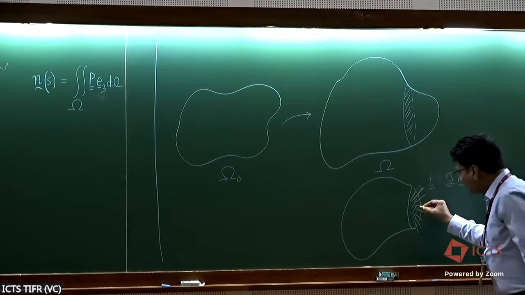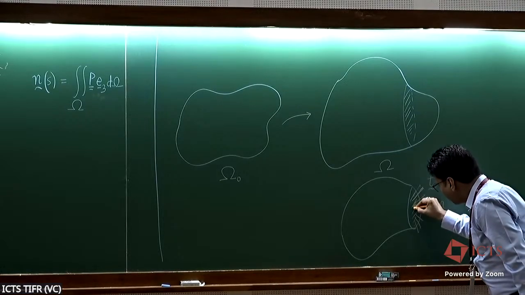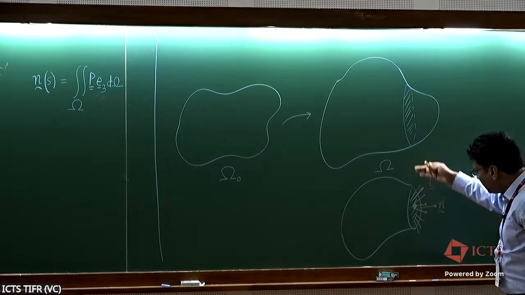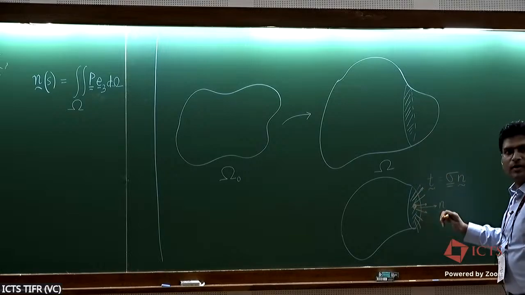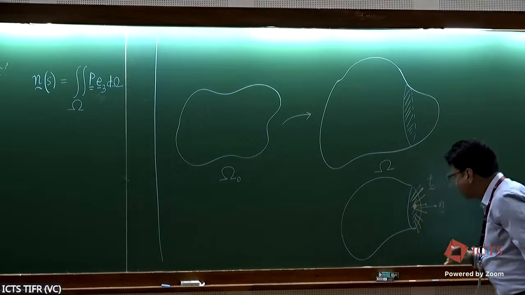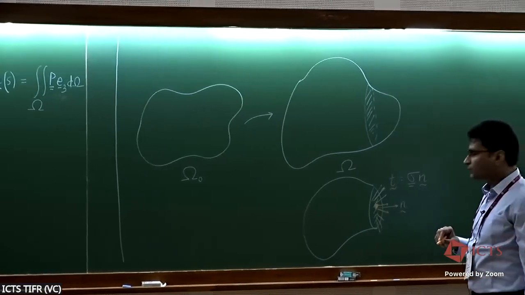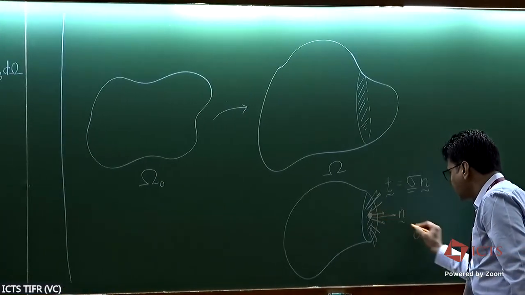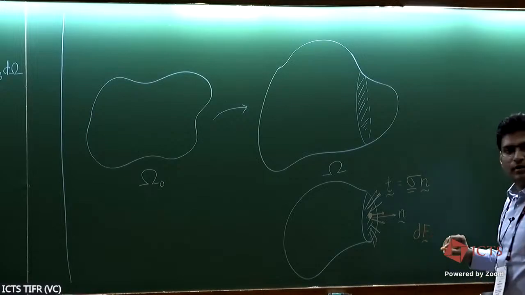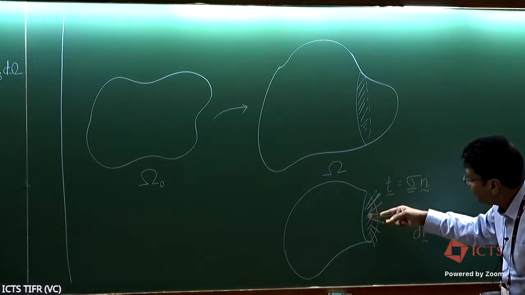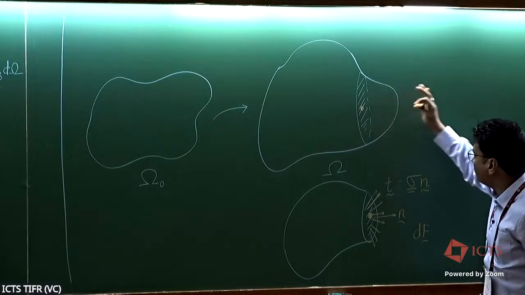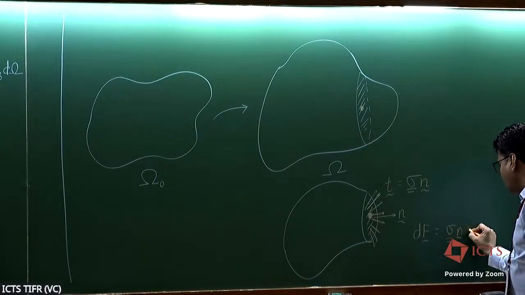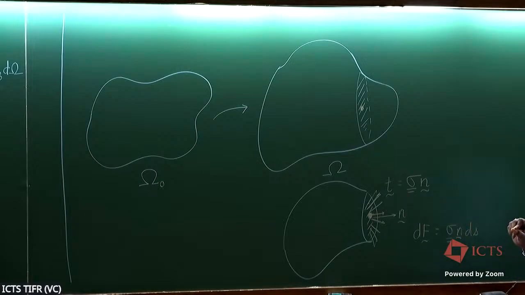Okay? So this is a big section. The traction T will be varying over the surface. But on a small part of the surface, if one asks how much is the force, then it is dF, the actual force that is acting on this small surface from this part of the body. dF is equal to sigma into N into dA.